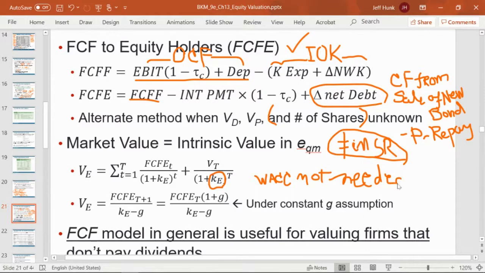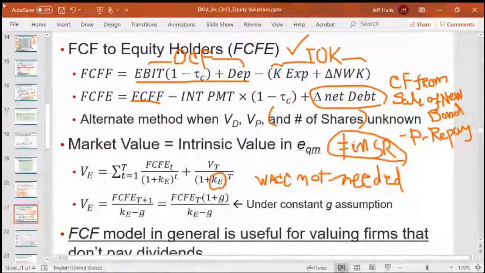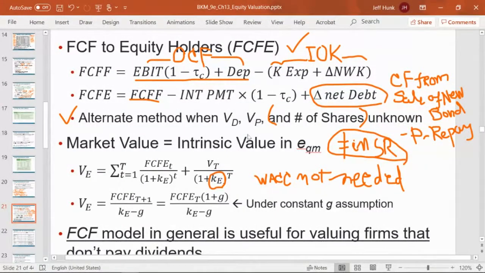So two advantages actually, right? You don't have to know market value of debt, market value of preferred stock, and you can use simply cost of equity because you are valuing equity directly, right? It's the value of equity, right?